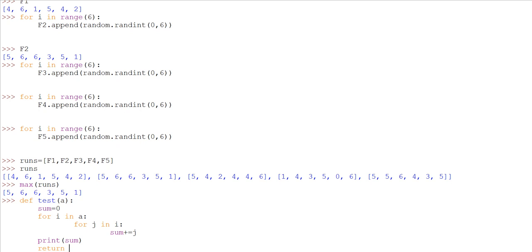The individual over was given by i, for i in A. When I write max, A is actually the total list. So when I write max runs, it tells me in which particular over that max was scored. So I can return this value, max runs.